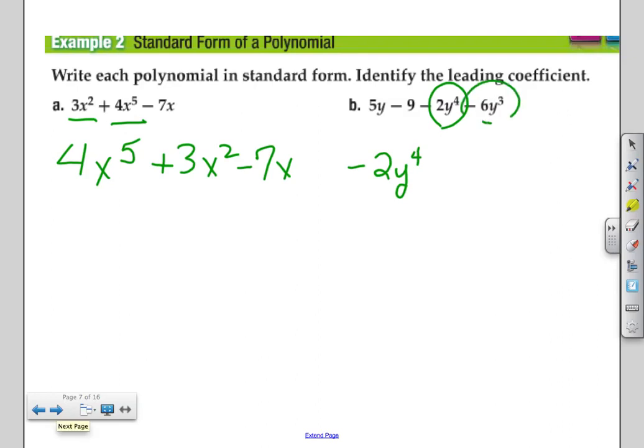And then the next one will be minus 6y cubed plus 5y, and then minus 9. So how do you decide when it's 5y and 9? 9 has no exponent. 9's a constant, so it always goes last. This does have 1 degree. Okay? So we go 4, 3, 1, none.